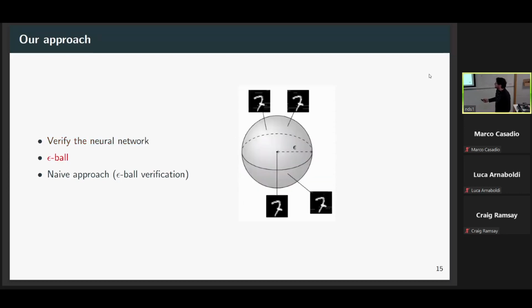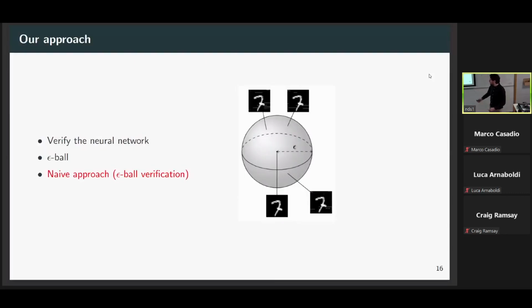Now, usually, what's been done in neural network verification, and most of it is about images, so computer vision, is the epsilon model. This is the most common concept, and basically you have your input. In this case, an example from the image dataset, you have this image of a 7, and you modify the pixel by maximum epsilon distance, and you get some other 7s with slightly different pixels.